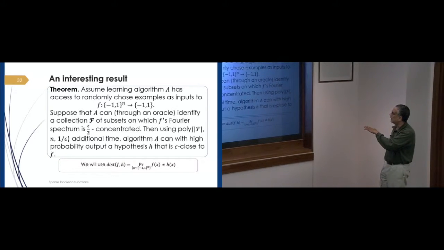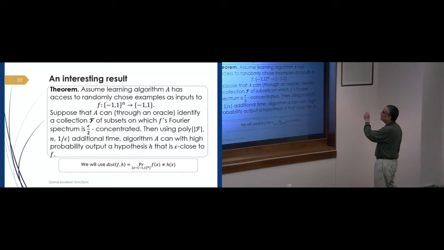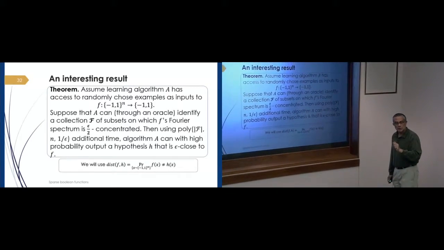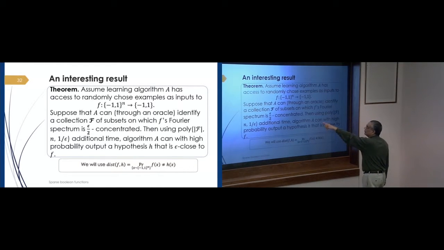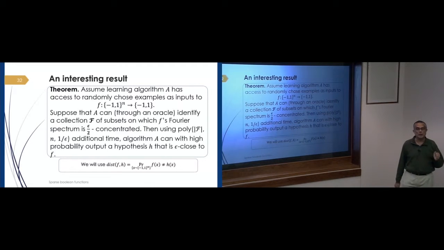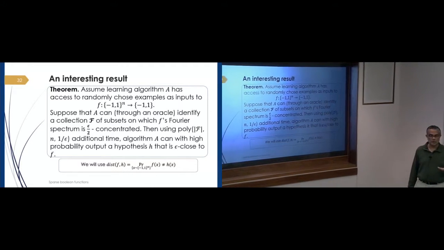Just to remind ourselves again, if you have an algorithm A that has access to randomly chosen values of the function f we are trying to learn, as well as its function value, then the oracle which will give us the set f is Goldreich-Levin. So that oracle now goes away.